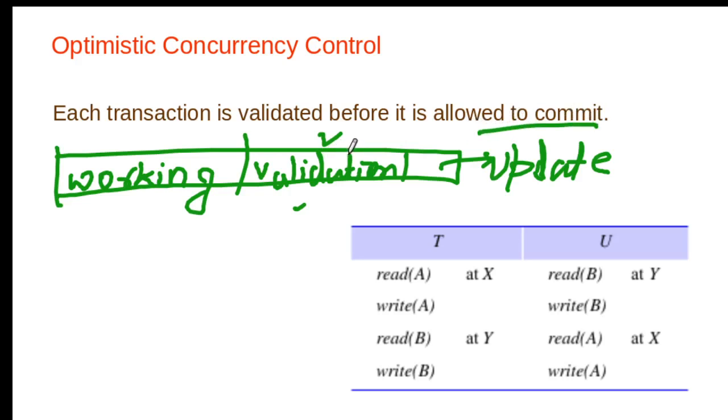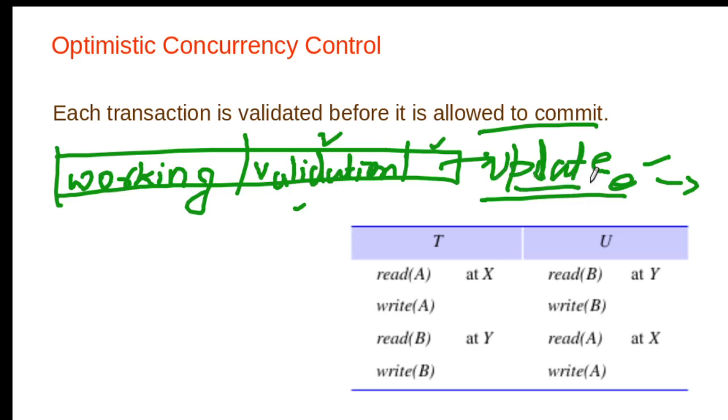In this validation, it will check whether its operations on the objects conflict with other operations. If they do not, then it will allow the update. And then in the update phase, it will save whatever operations have been done in permanent storage, and then it will say that it is ready to commit.